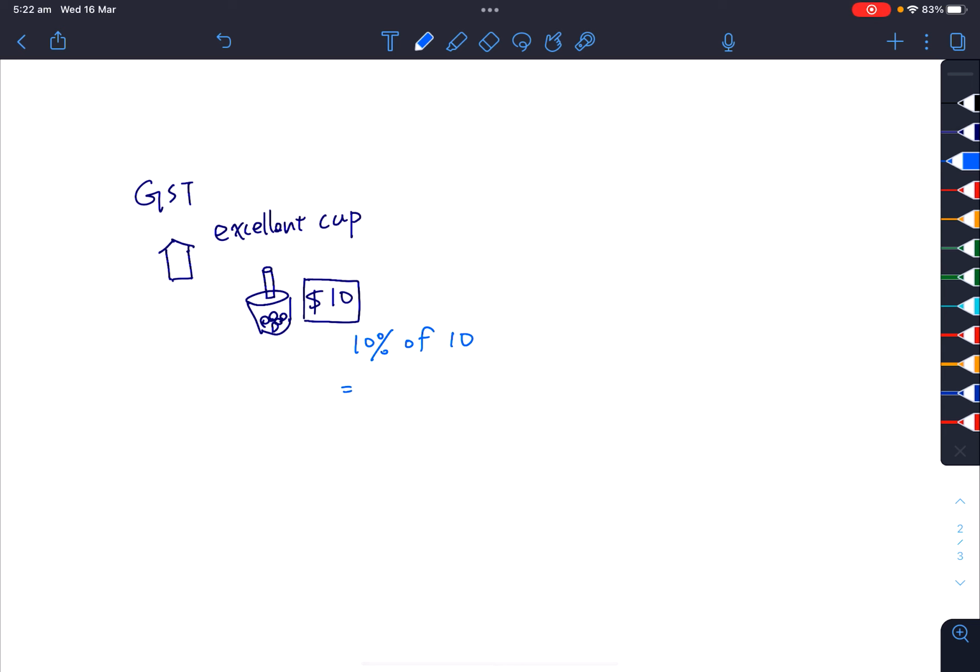So equal to, remember the percent equal to what? 1 over 100. So 10% equal to 10 over 100. So become 1 over 10.